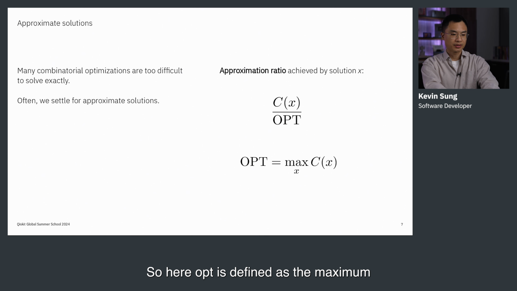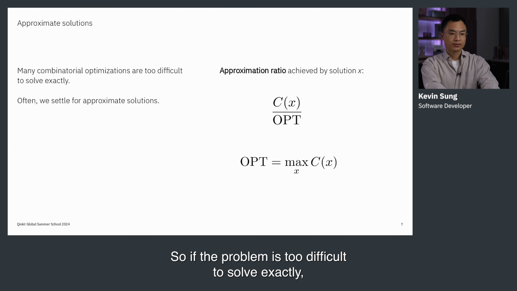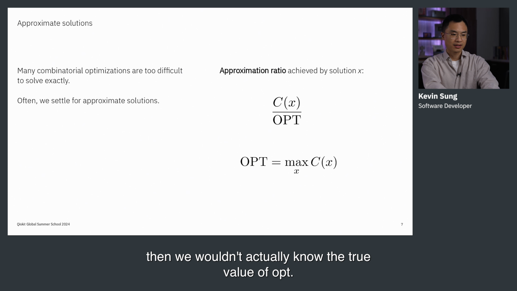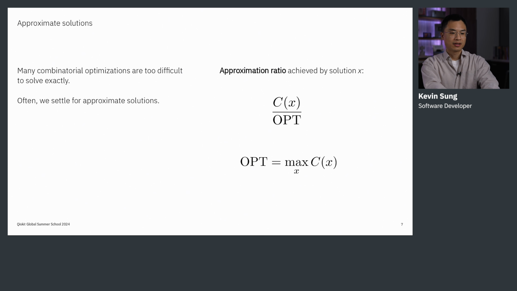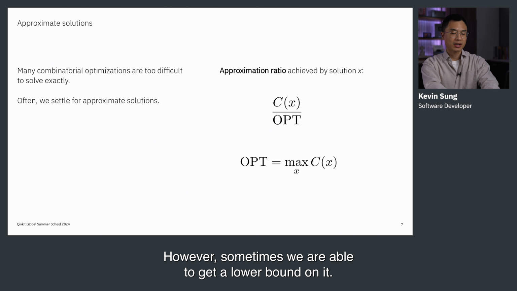Here, opt is defined as the maximum possible value of the cost function. If the problem is too difficult to solve exactly, then we wouldn't actually know the true value of opt. However, sometimes we are able to get a lower bound on it.